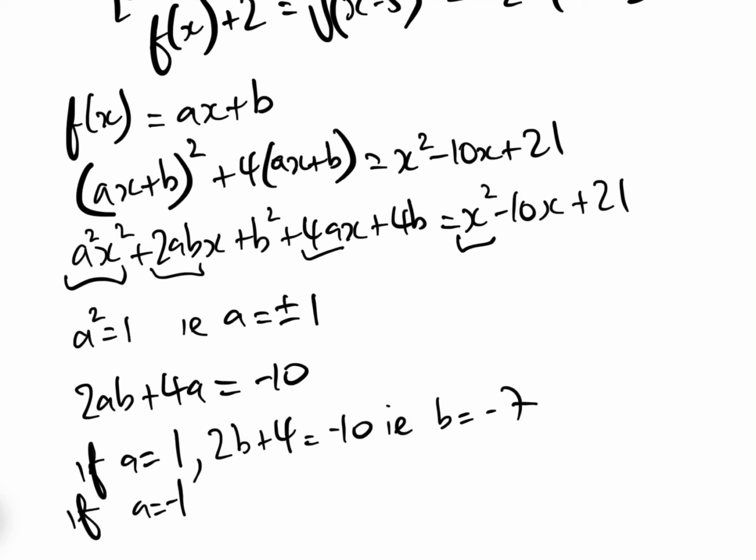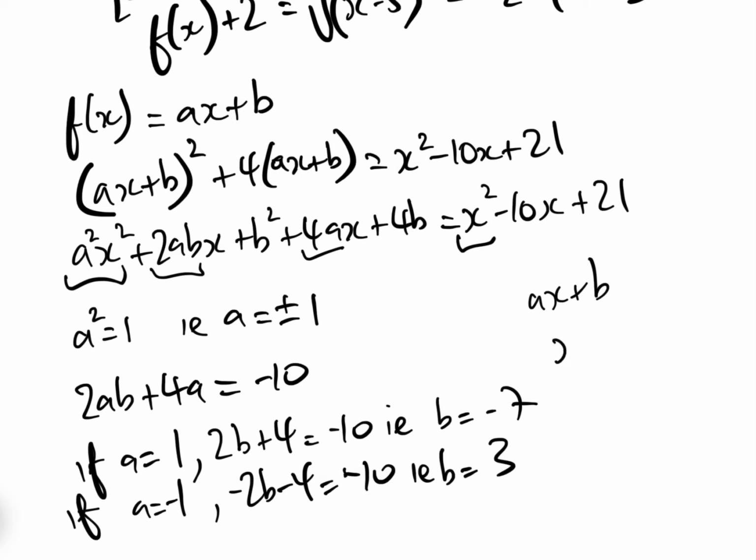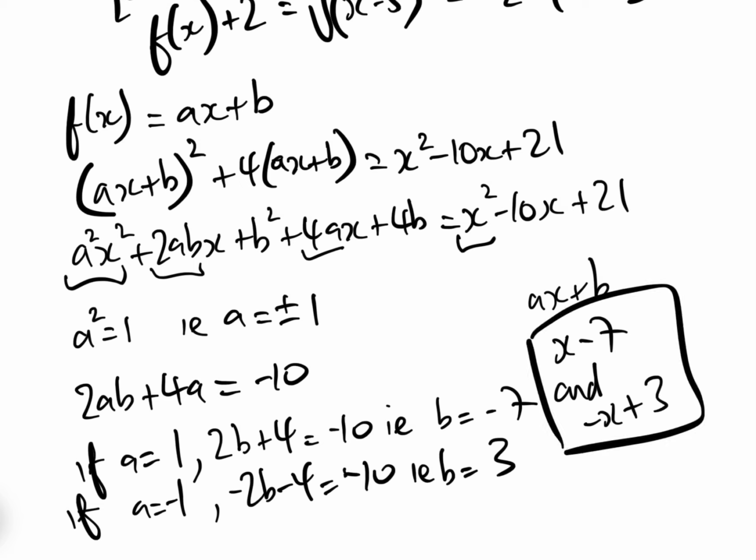And if a equals minus 1, then we have minus 2b minus 4 equals minus 10, i.e. b equals 3. And so therefore the solutions are, ax plus b would be x minus 7 and minus x plus 3. So of course it gives the same answer.